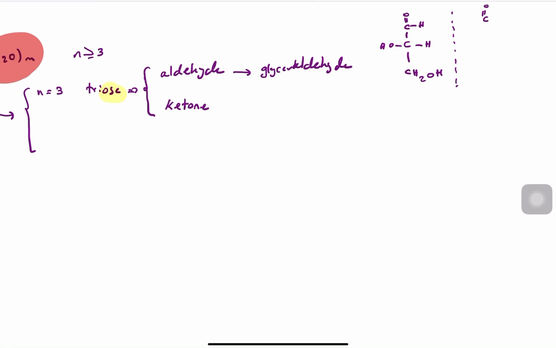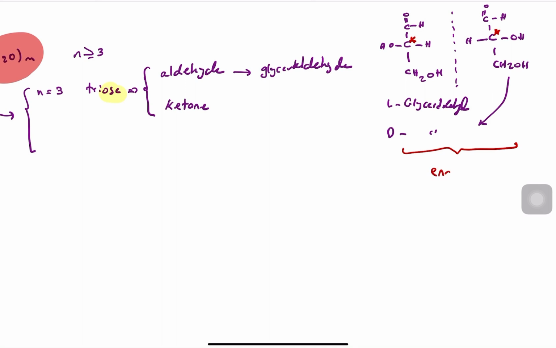This is L-glyceraldehyde, and if you see the mirror image, it is D-glyceraldehyde. Both of them have a chiral center. They are non-superimposable on each other, mirror images.